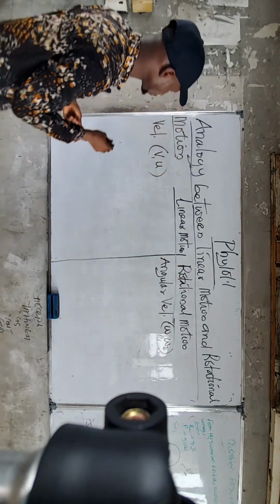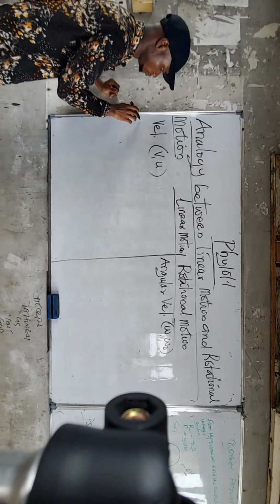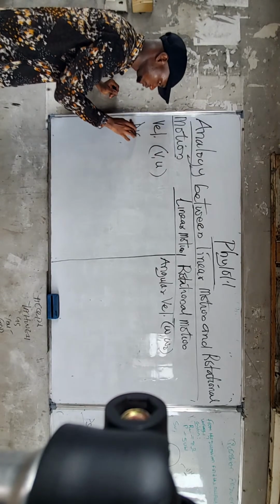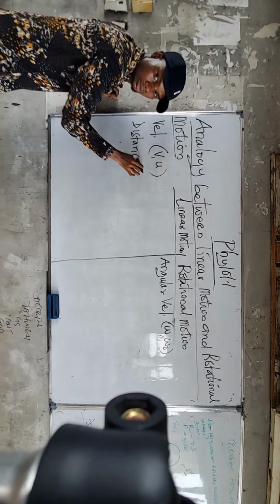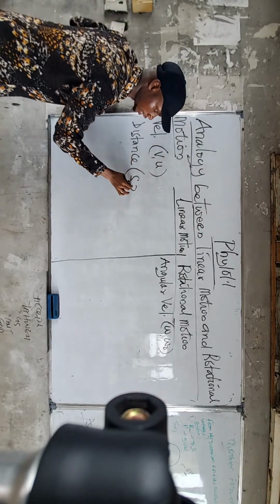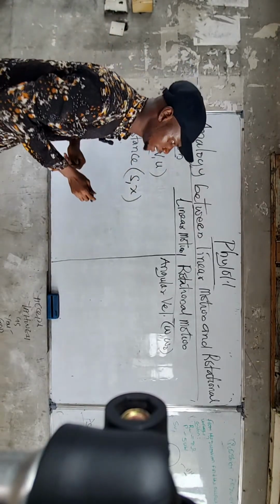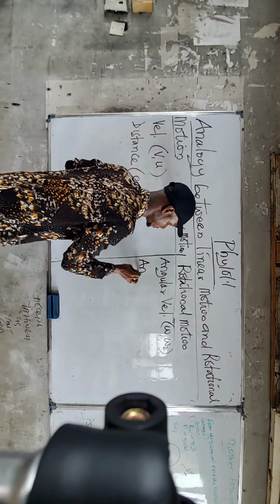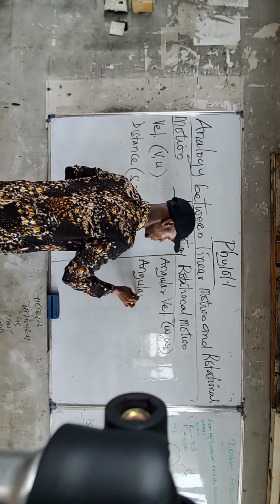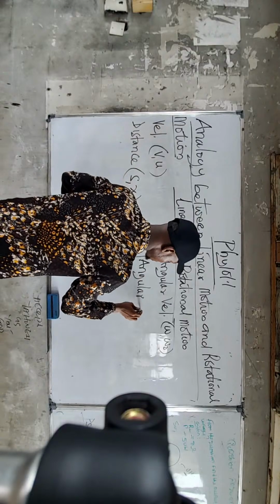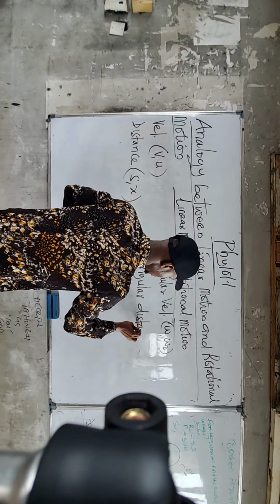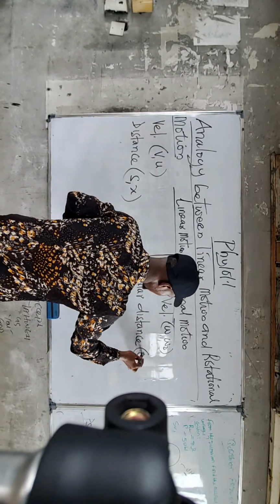So in linear motion, we call it distance, which we use S. Please take note. Now in rotational motion, we call it angular distance, and we use theta to denote that.